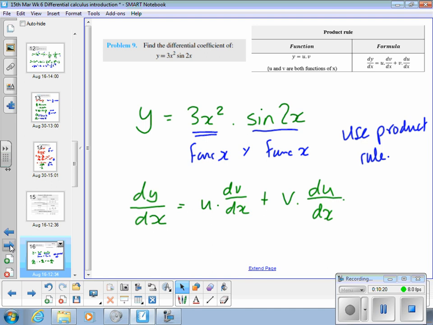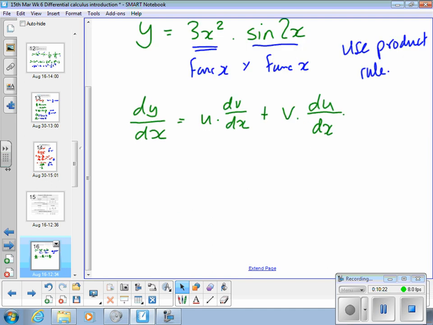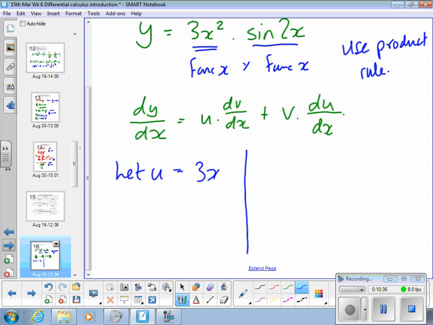What I like to do here is split my page into two. I'll go over here, u equals 3x squared. And on this side, let v equal sine 2x.